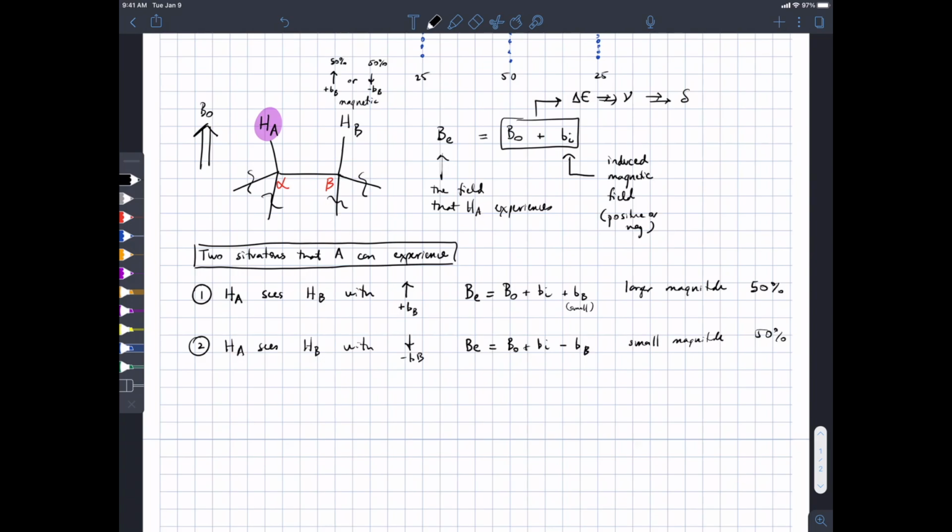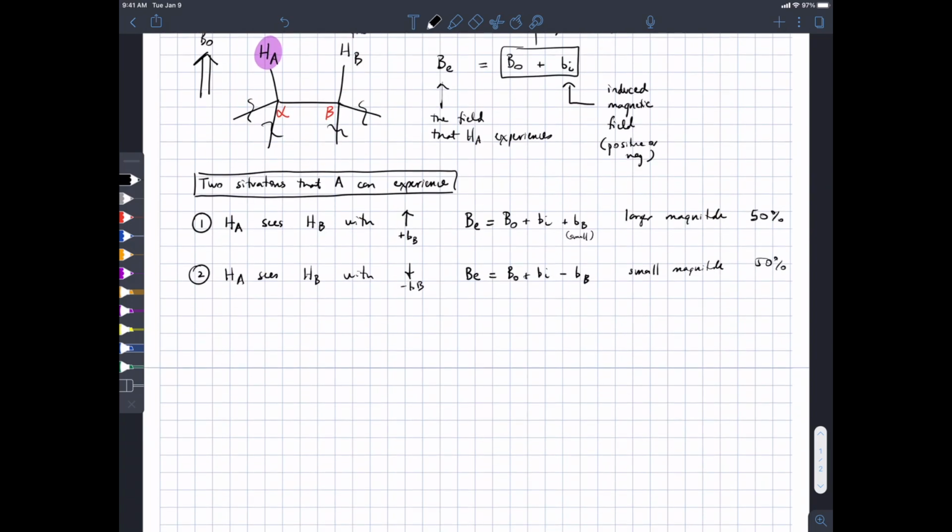How will this change in field affect chemical shift? Well, what we should observe in situation 1 is the natural chemical shift of A plus some change in chemical shift that comes from the presence of that field due to B. And then in situation 2, we're going to observe the chemical shift of A minus some difference that comes from the external magnetic field and the field from proton B being aligned against each other.